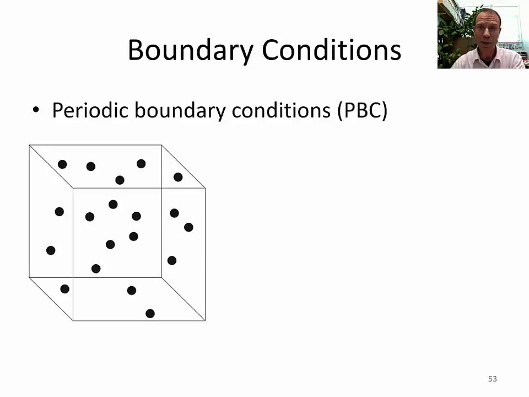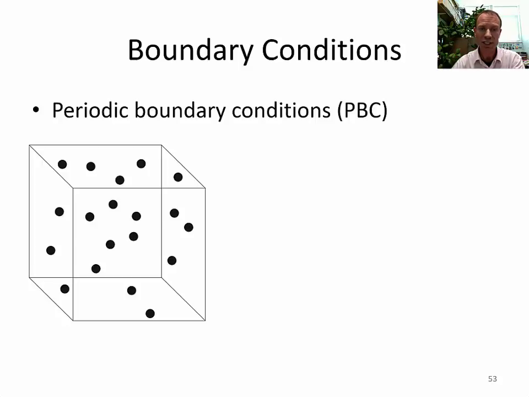In this type of boundary conditions, you set up a simulation box. It could be a cube, it could be some other shape, and if you had this cube by itself, then there would be vacuum outside the cube, so the molecules towards the edge of the cube would not experience the bulk structure, and they'd be affected by the vacuum.